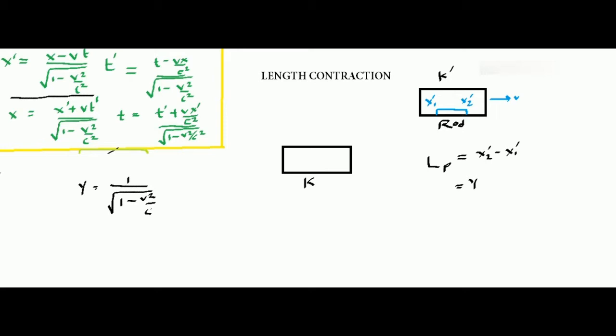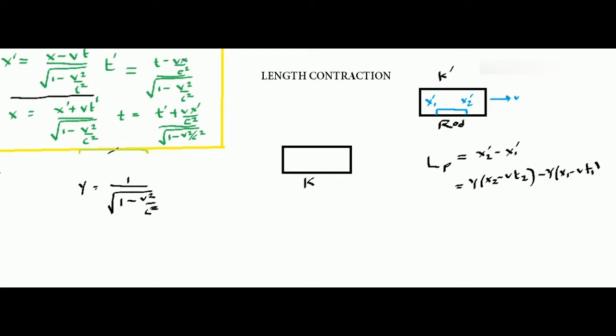I'm just writing gamma. So the conversion says gamma (x2 minus v t2). Agreed. Now the second conversion says there will be a gamma (x1 minus v t1).